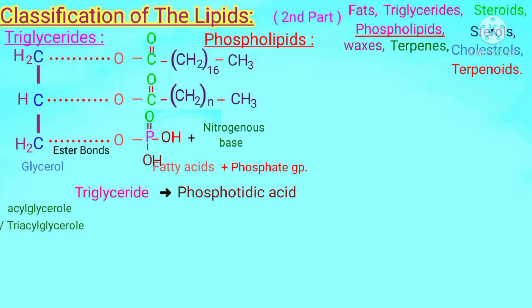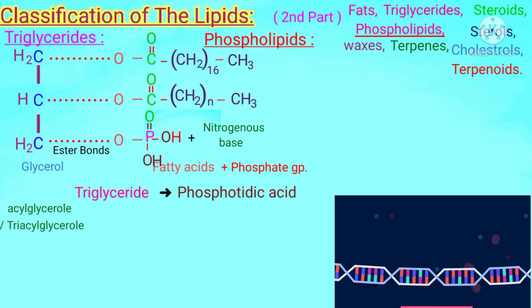Students, we can also see nitrogenous bases in DNA, like adenine, guanine, thymine, cytosine and uracil. But those nitrogenous bases are different from the phospholipid nitrogenous bases. So DNA nitrogenous bases are different from lipid nitrogenous bases. Students, for lipids, we use a well-known nitrogenous base whose name is choline.